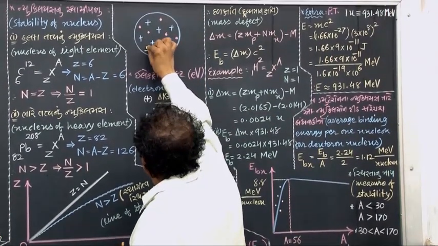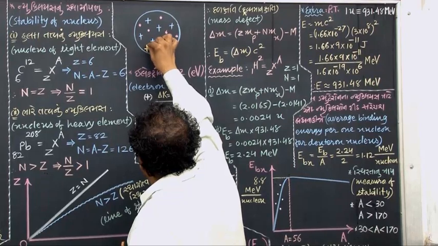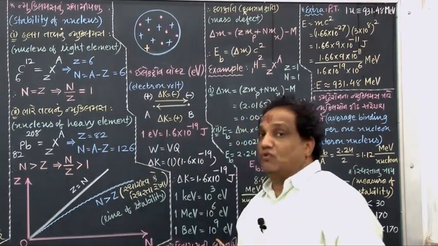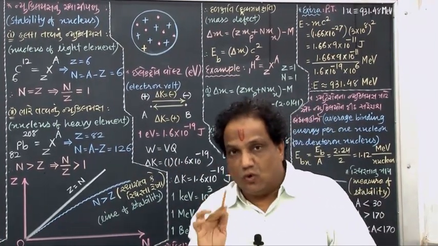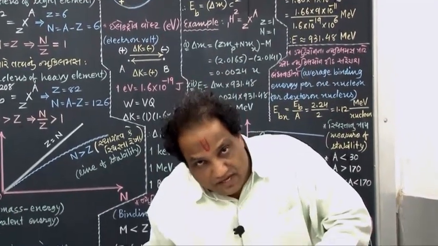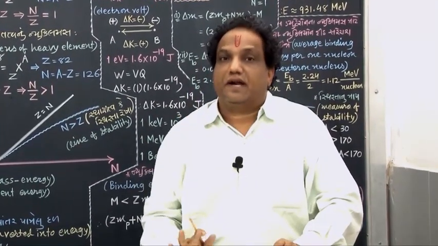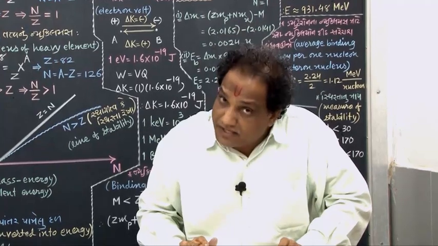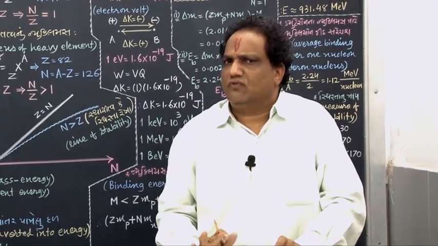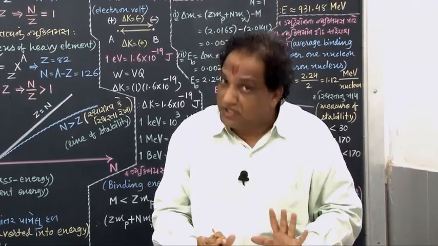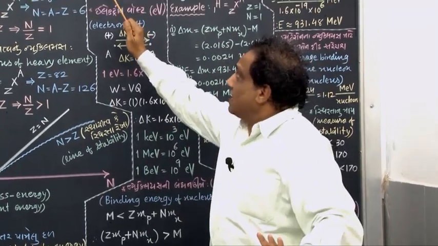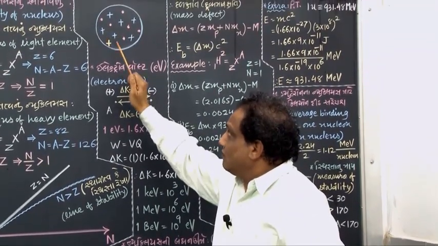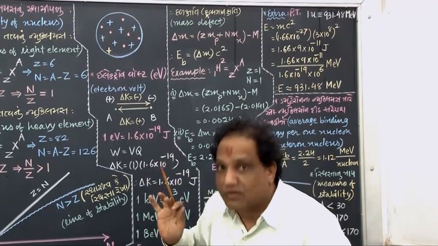Look, when you add 1 proton, both the forces will increase. Coulomb repulsive force will also increase and nuclear attractive force will also increase. But you know, nuclear forces are short range forces. So this would exert attractive forces only on neighboring nucleons.